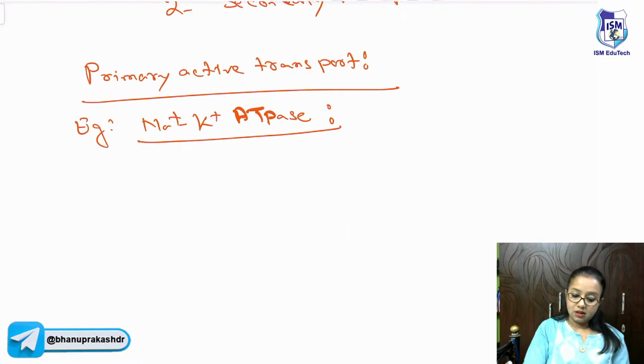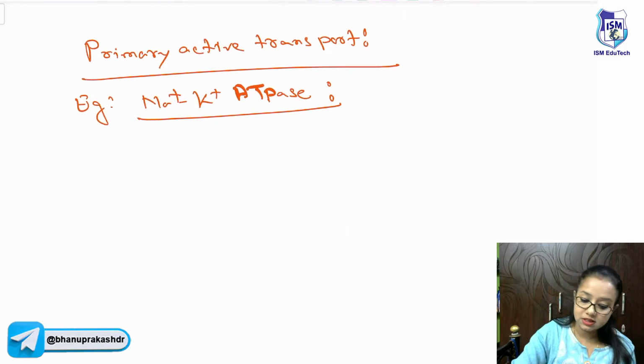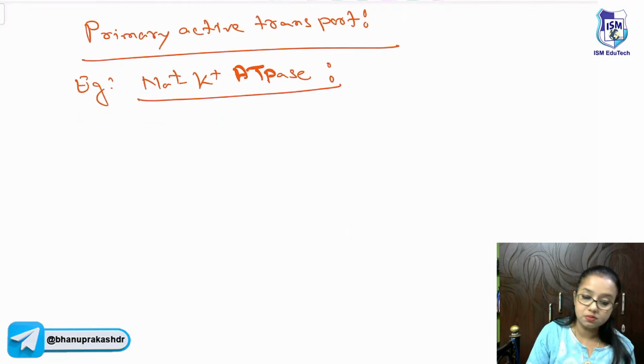Okay. Primary active transport. As we studied, active transport means what? There is usage of ATP. There is need for the energy. Now, the example that we are going to study is with sodium potassium ATPase.